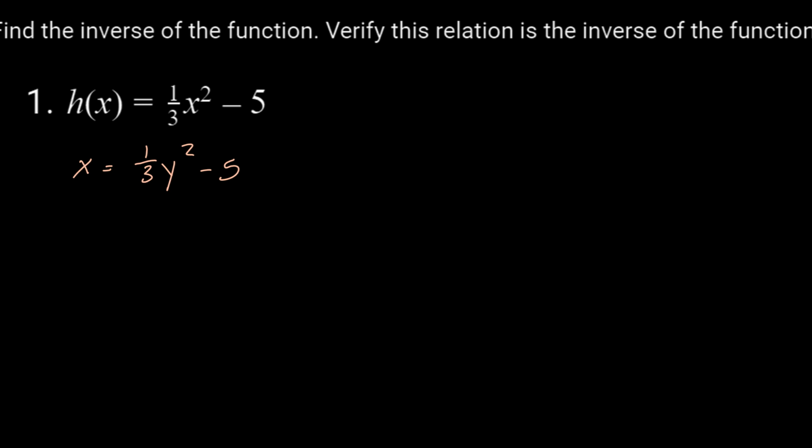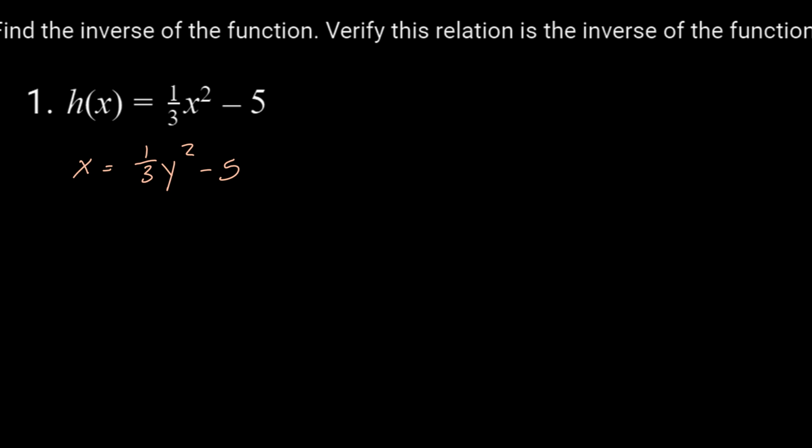Good. Now, I did see some people trying to get rid of the 1/3 first. You could do this, except you have to remember what? If you're trying to get rid of the 1/3 first, what would you do to get rid of the 1/3, first of all? Multiply by 3.